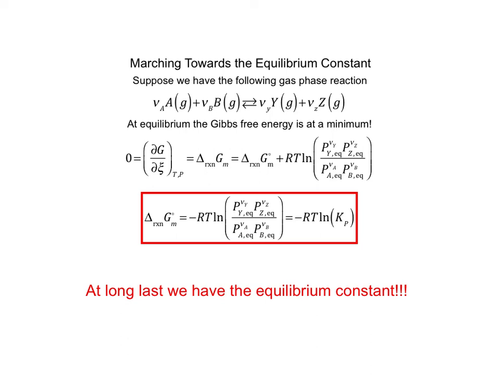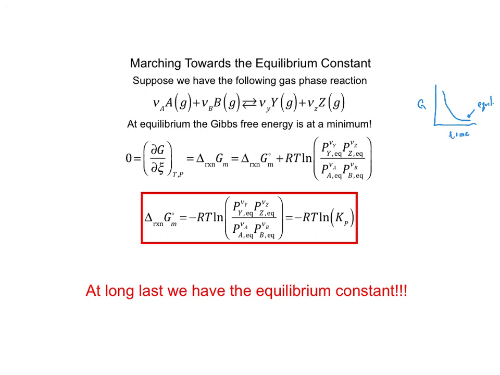And now we can finally get to where we're going. If we say that at equilibrium, Gibbs free energy is at a minimum, and so the Gibbs free energy is not changing with the extent of the reaction anymore. Remember that we talked about how G versus time went to a minimum, and down here was equilibrium.